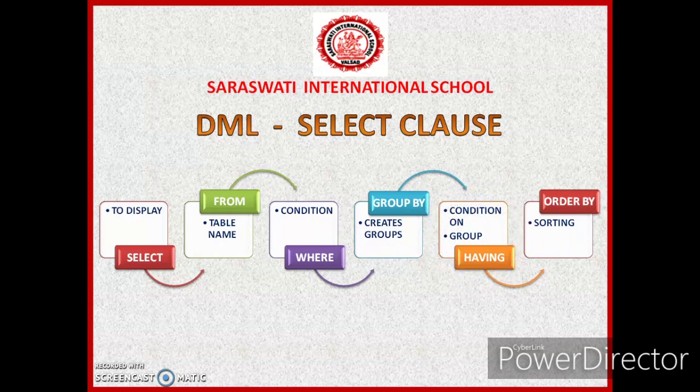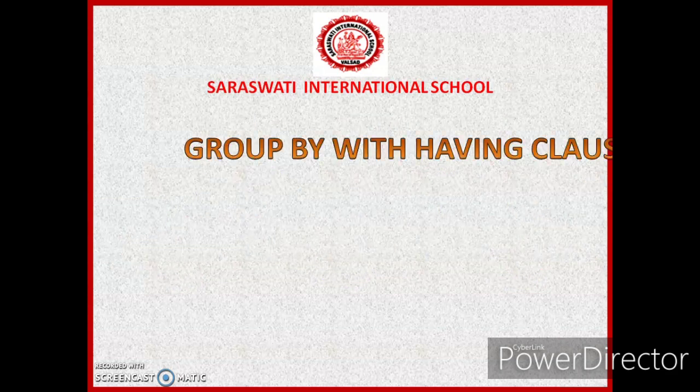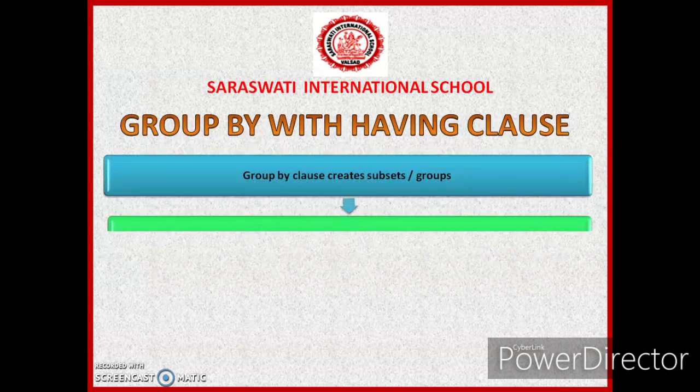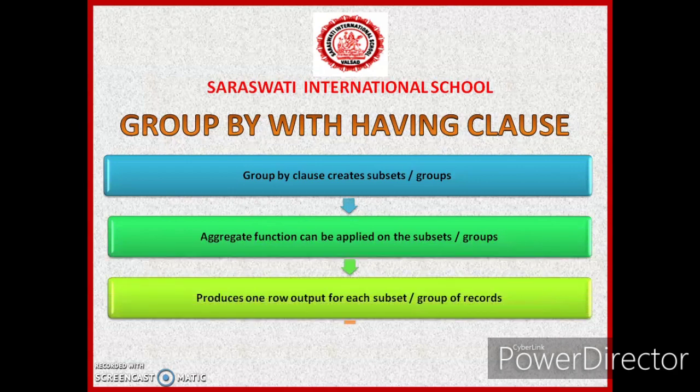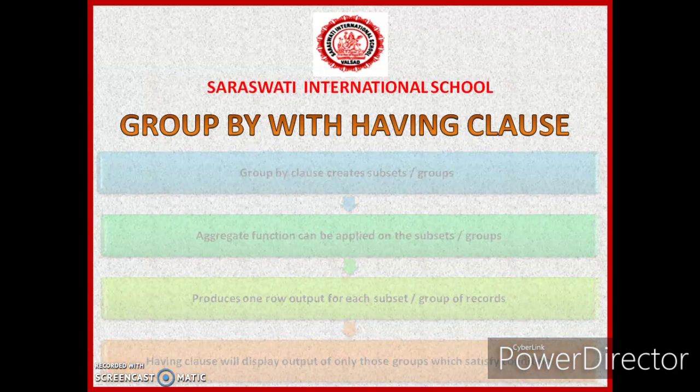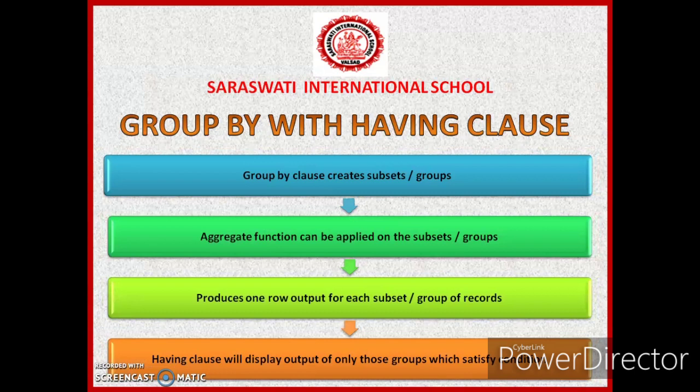Can you see that? Having clause always works with group by clause because having clause is to apply condition on groups, not on individual records. When we use group by clause with having clause, first group by clause works and it creates groups.